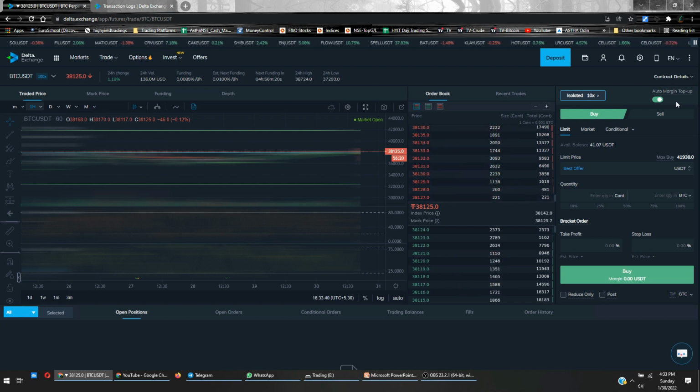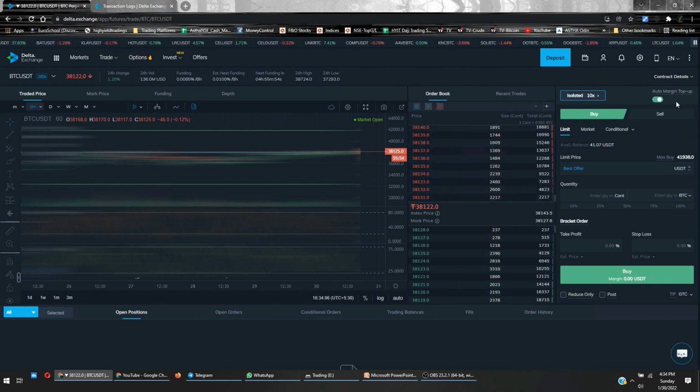Take it as a stop loss, not exactly a stop loss, but you can take it as a stop loss. Now, in the context of cryptocurrencies or Bitcoin trading, forced liquidation happens when the trader is unable to fulfill the margin requirements for a leveraged position. Clear and simple, right? One very important thing to take care of while trading is that you need to keep a very close eye on the liquidation price.